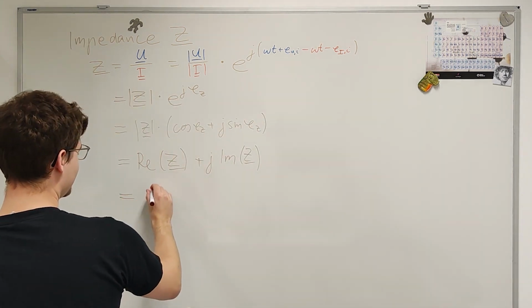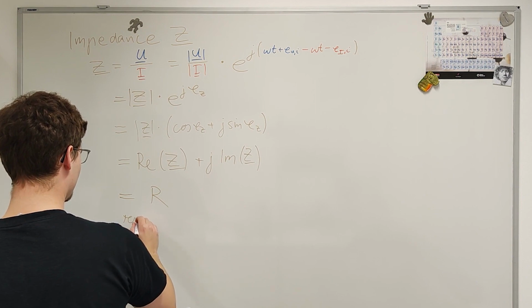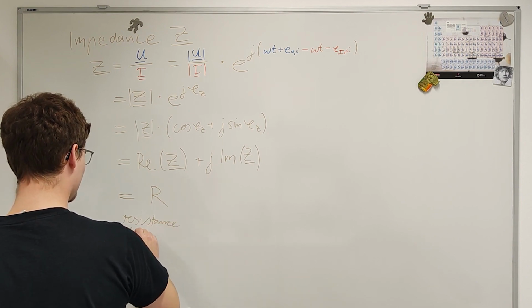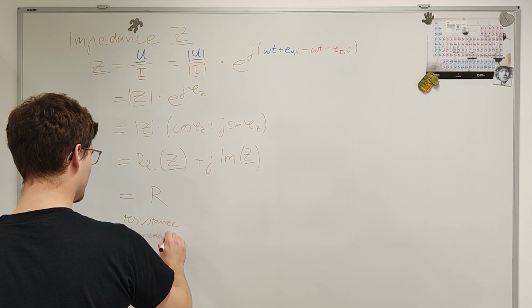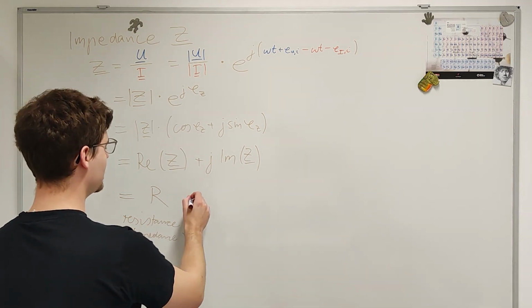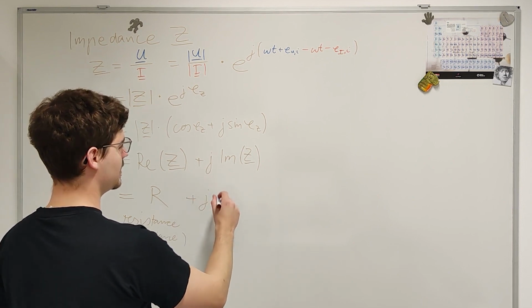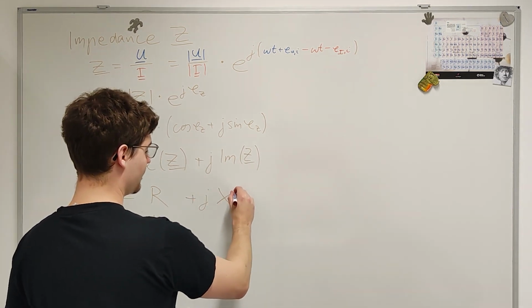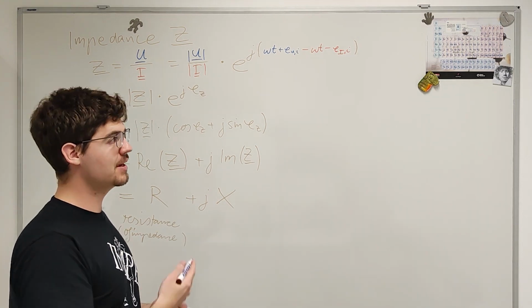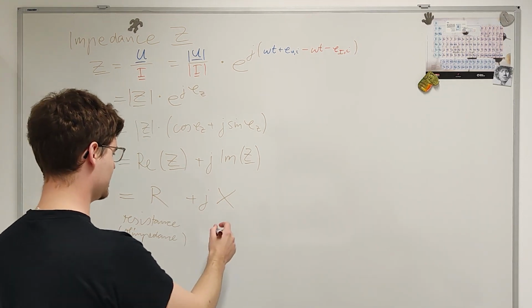It is the resistance part. Resistance of the impedance plus j times X, and X we call the reactance of the impedance, which is the imaginary part of the impedance.